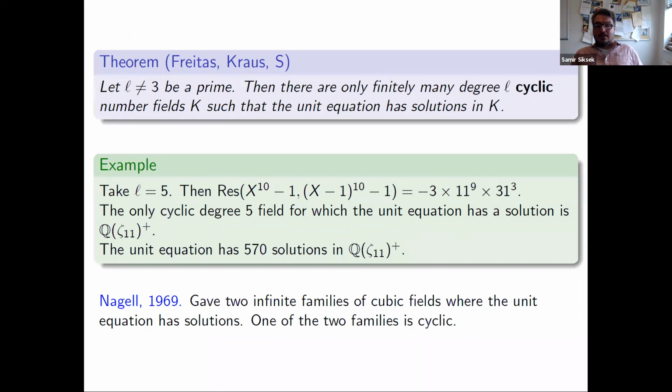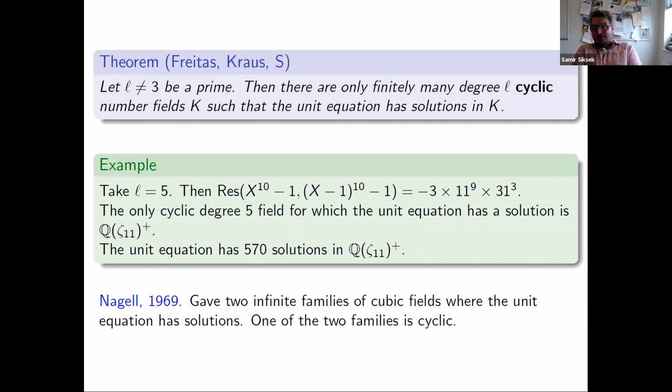The only cyclic fields I care about of degree 5 are the ones whose conductor or discriminant is divisible by 3 or 11 or 31. And you can eliminate 3 very quickly, and you end up with just 5 number fields.